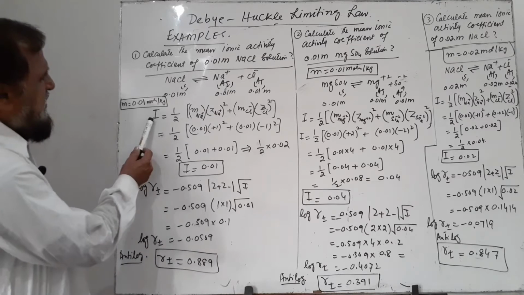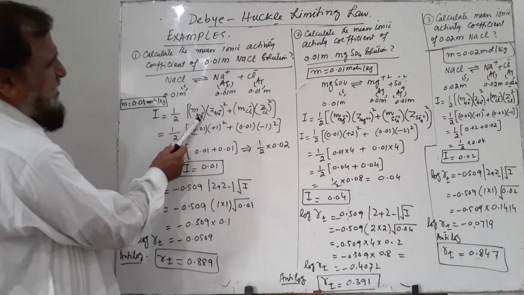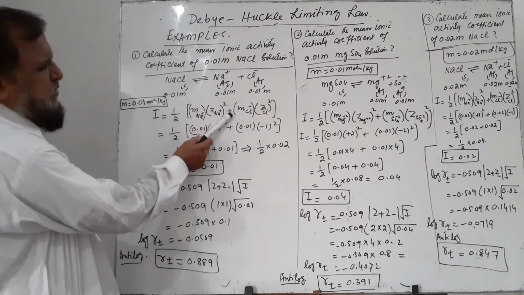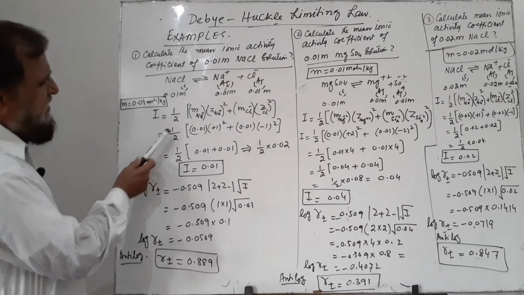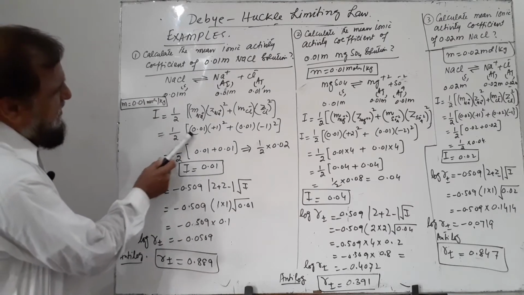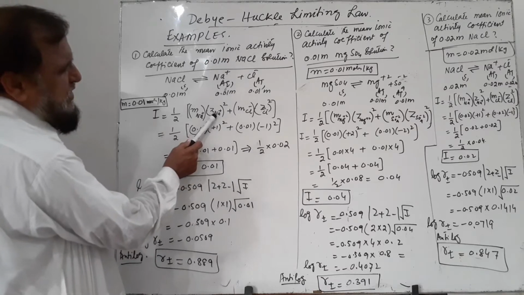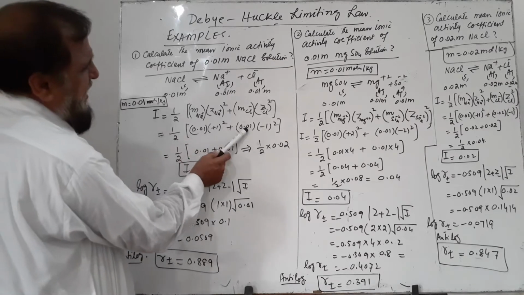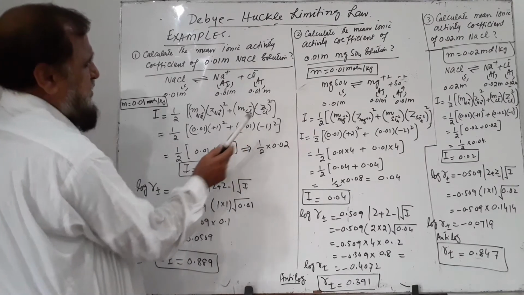0.01 molar. Now ionic strength is equal to half of molality of sodium ion times charge of sodium ion squared plus molality of chloride ion times charge of chloride ion squared. Putting values, we get half into 0.01 into (+1) squared, plus 1 is the charge of sodium ion, plus molality of chloride ion is 0.01 and charge of chloride ion is (-1) squared.